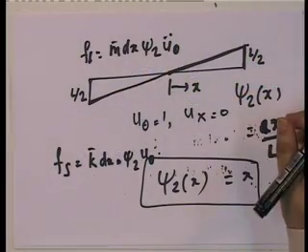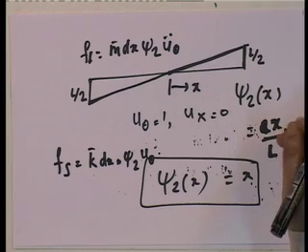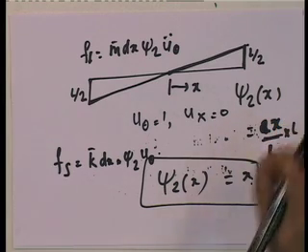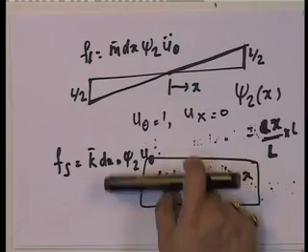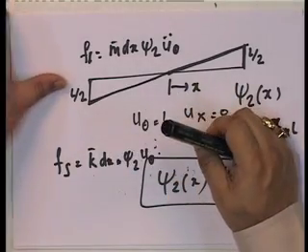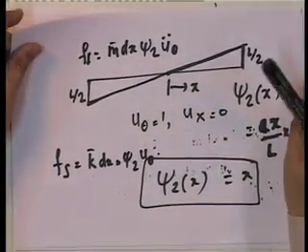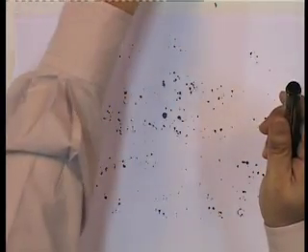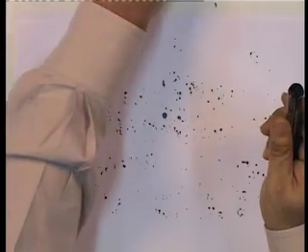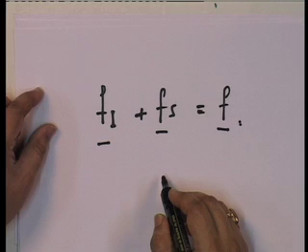So, now what I want to do is find out how this equation will look like. Let me first write down what the equation looks like: the vector of F I's plus the vector of F s's is equal to the vector of loads.